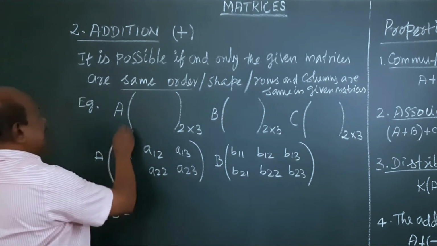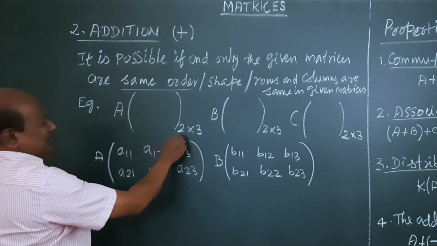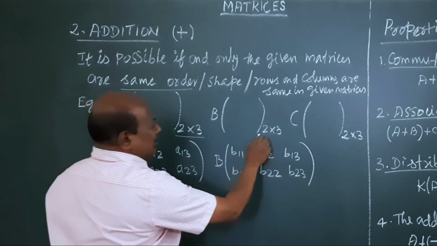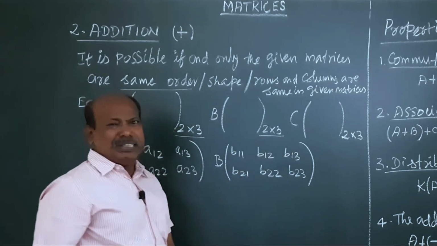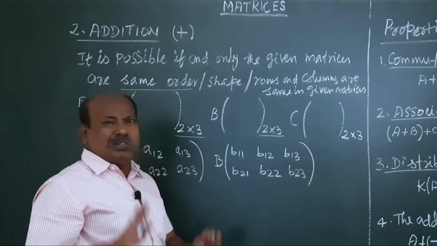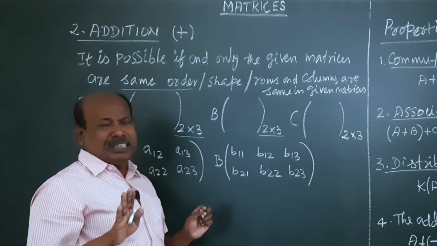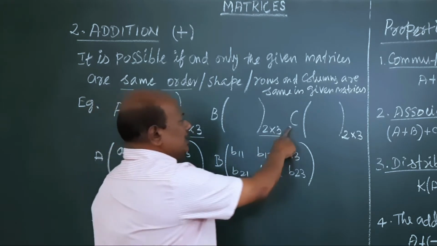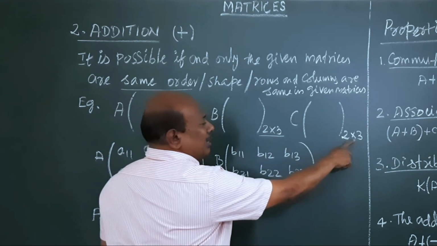For example, matrix A is a 2 by 3 matrix, B is also a 2 by 3 matrix. If so, we can add such matrices; otherwise, it is not possible. Like that, C matrix is also 2 by 3.